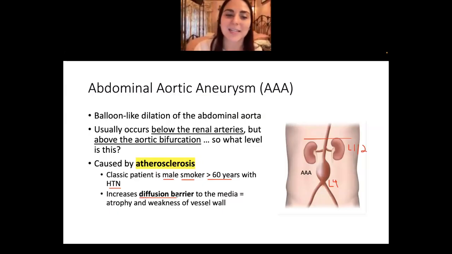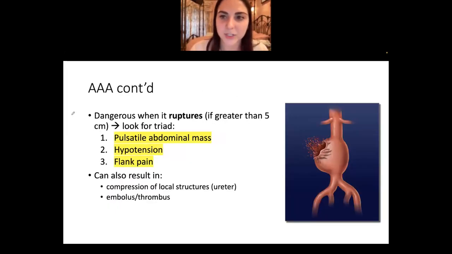Now we're increasing that diffusion barrier to the media from the vasa vasorum, and that's why we're getting atrophy and weakness. Makes sense? Honestly, for pathology states, especially in cardio, it's usually due to ischemia. Even the vasculitis is due to ischemia. It's just various versions of ischemia.